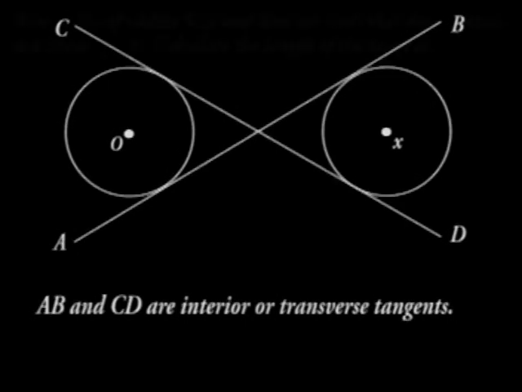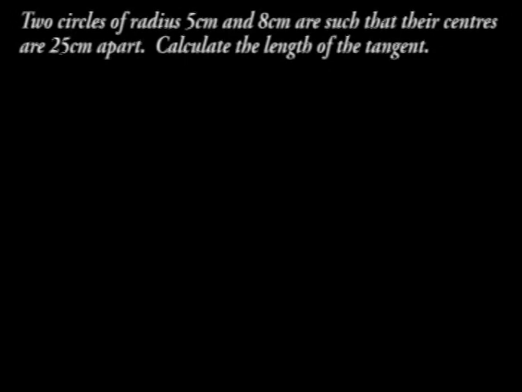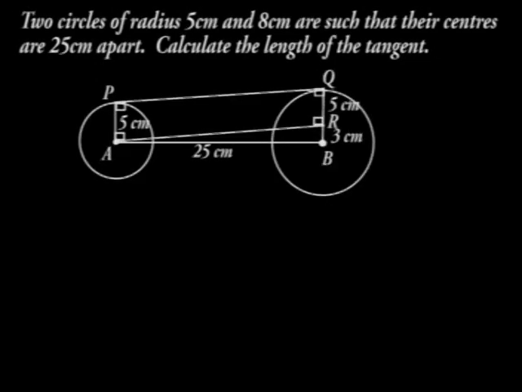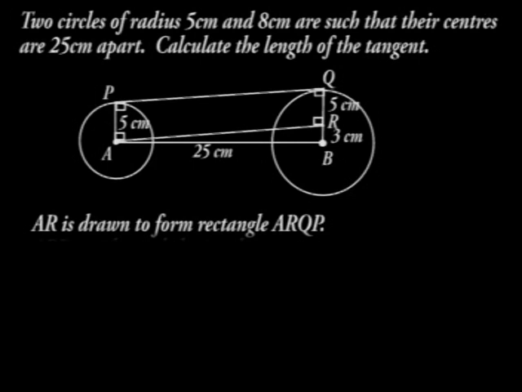An example: two circles of radius 5 cm and 8 cm are such that their centers are 25 cm apart. Calculate the length of the tangent. The figure described is as below. In our solution, line AR is drawn to form a rectangle ARQP.